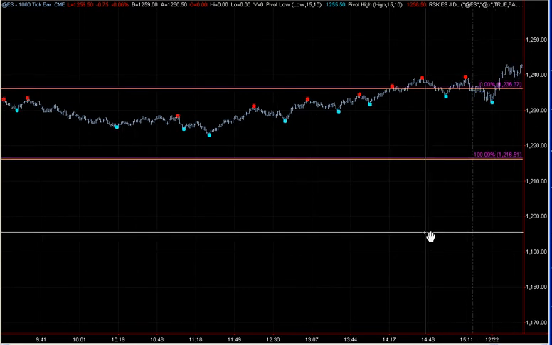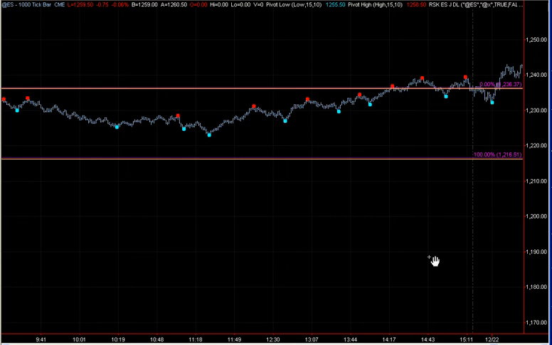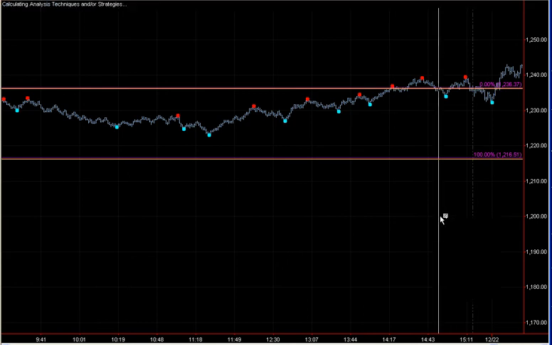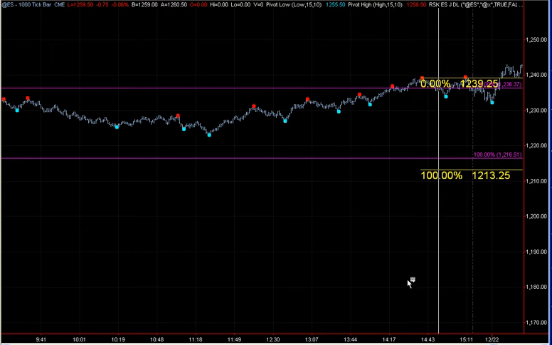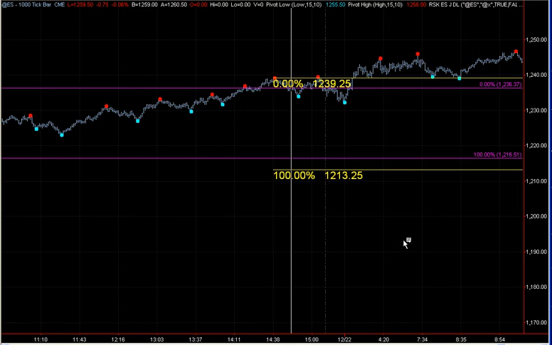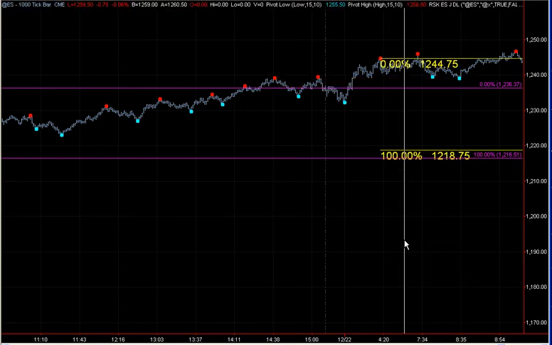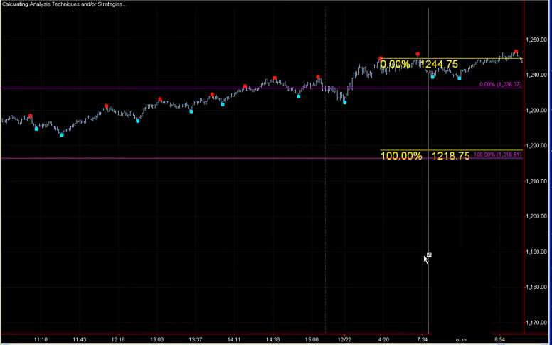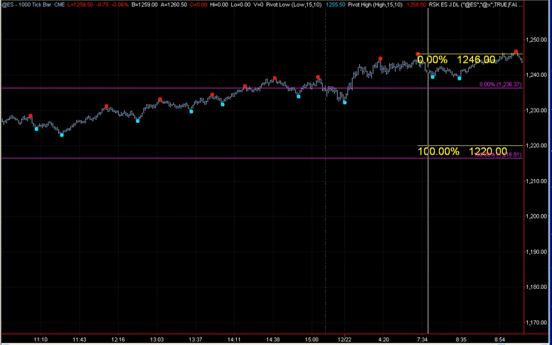Let's get the thing turned on. There we go. We're going to redraw that extension here. We'll redraw it again, and again. But bear in mind, our A is way up here, 1249.